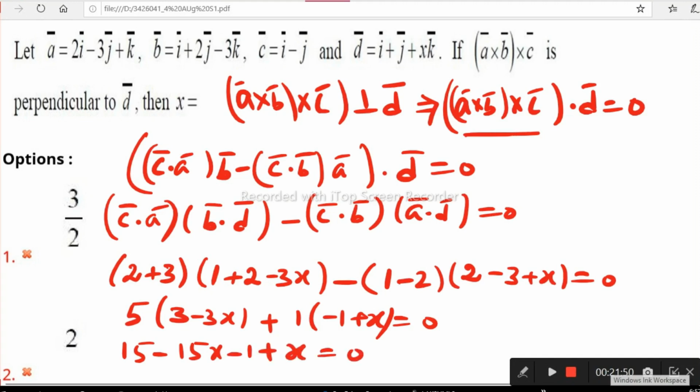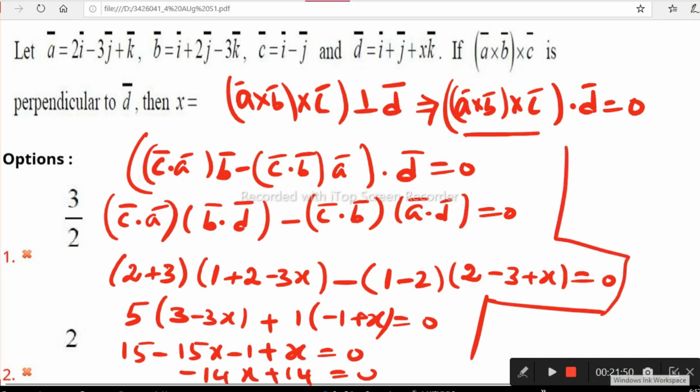So minus 15x plus x is minus 14x, and 15 minus 1 is plus 14, equal to 0. So 14x is equal to 14. Minus 14 and minus cancel, so x is equal to 14 by 14, which is 1. That's it. Here you need to know the A cross B cross C formula and the dot product, that's all.